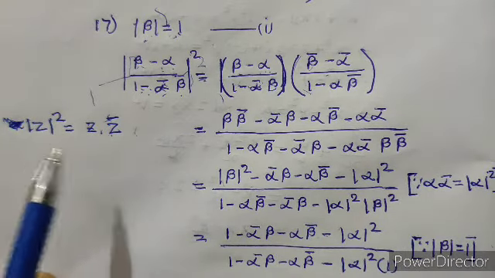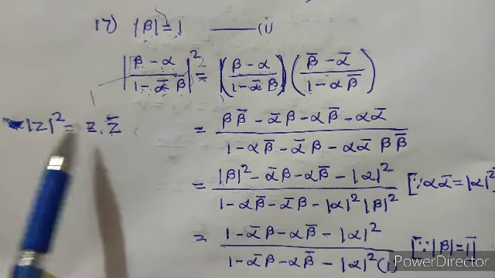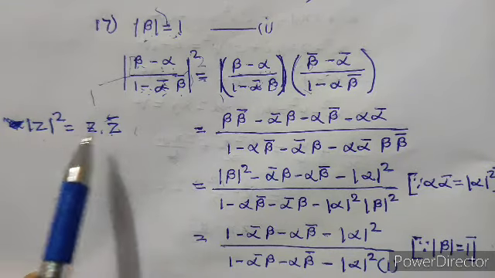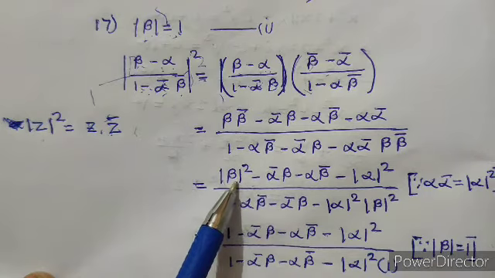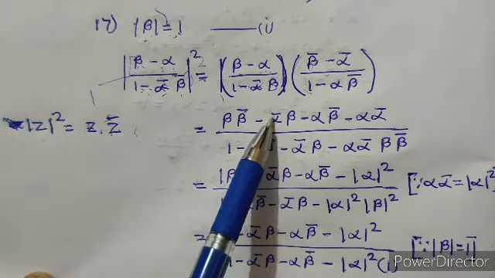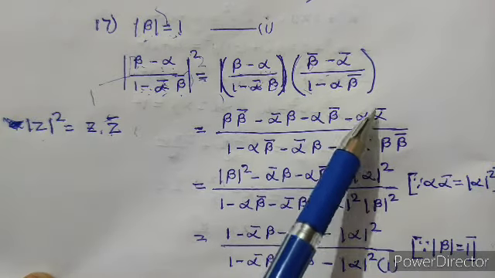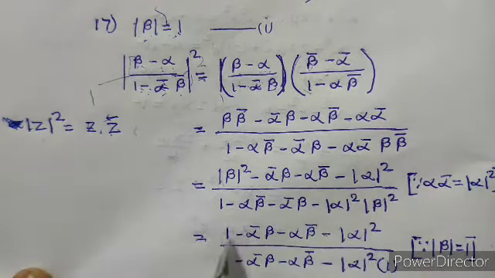Now as we know that a complex number into its conjugate is equal to the square of its modulus, so we can say that beta into beta conjugate will be square of modulus of beta minus alpha conjugate beta minus alpha beta conjugate minus alpha into conjugate of alpha will be equal to modulus of alpha square.